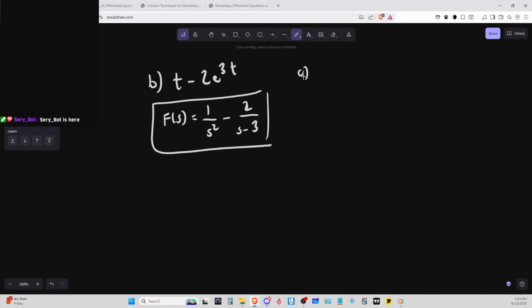All right, for C, we have t. So I'm guessing we have to think of this sort of like this. I know that sine and cosine almost look similar.